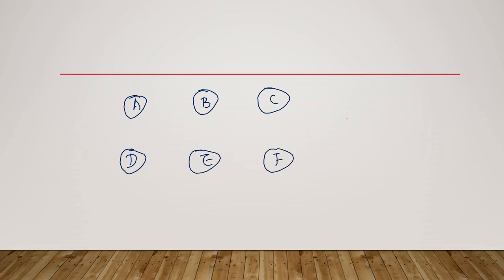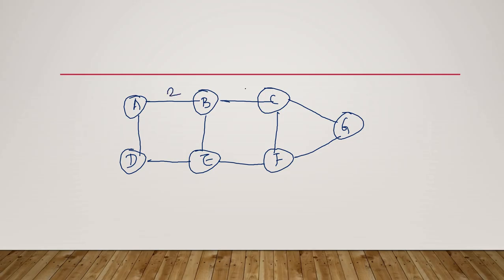This is our graph: A, B, C, D, F and G. Initially each node knows only those directly connected to it, and all the others are unaware nodes or unaware routers.